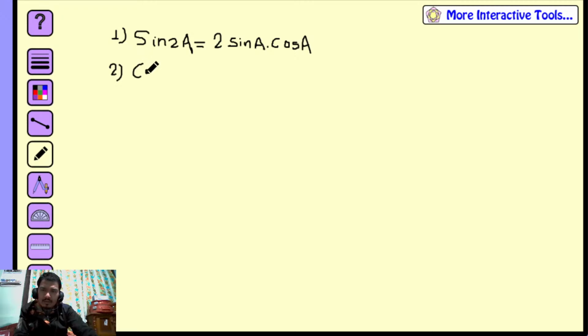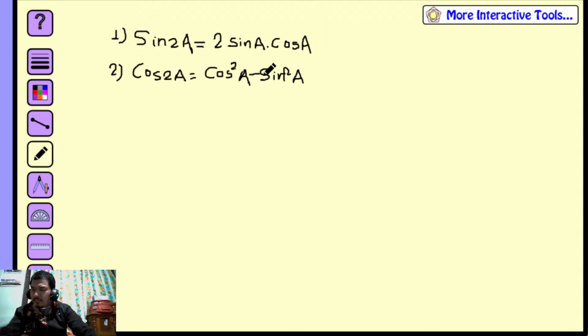Here cos 2A equals cos square A minus sine square A. This is cos 2A in terms of cos A and sine A, and we have the next formula of this cos 2A.